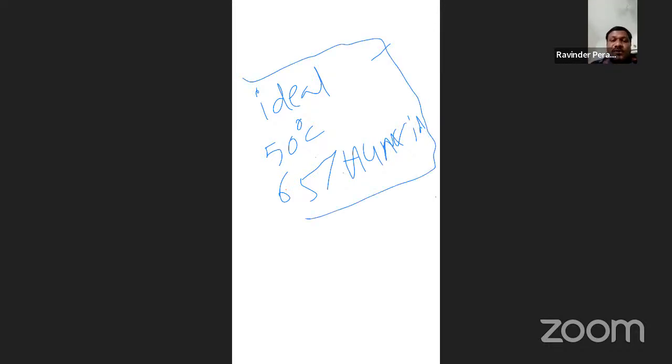We should maintain the humidity at 65% for cocoons. So these conditions we should follow while seed production: ideal temperature is 50 degrees and 65% humidity.